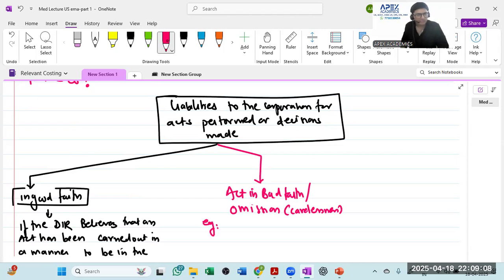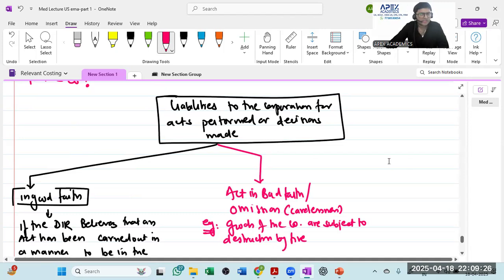Sir, example: goods of the company are subject to destruction by fire. Are subject to what? Destruction by fire.